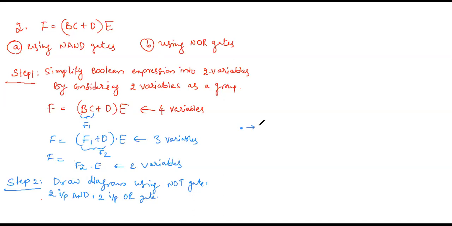Product indicates AND gate, plus indicates OR gate, and complement or tick mark, X bar, indicates NOT gate generally.